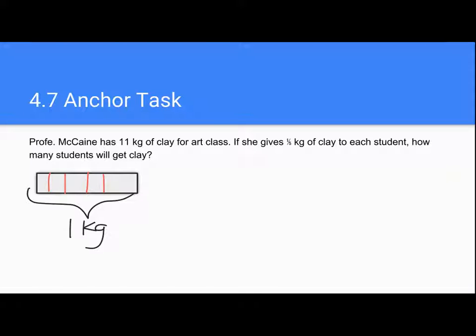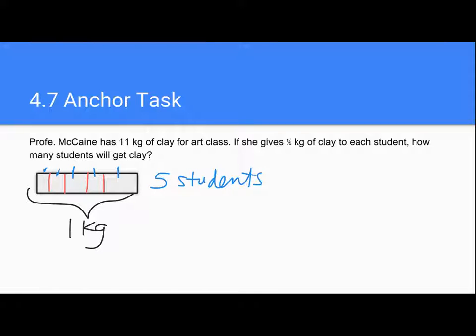Now I have fifths. If each student receives 1/5 of a kilogram, here would be one student, here would be another student, 2, 3, 4, 5 students. So we can get 5 students for 1 kilogram of clay.